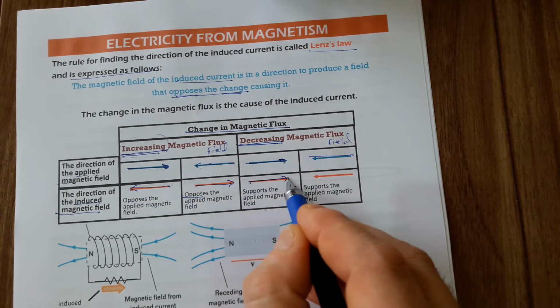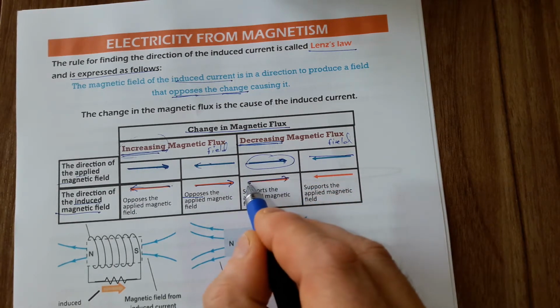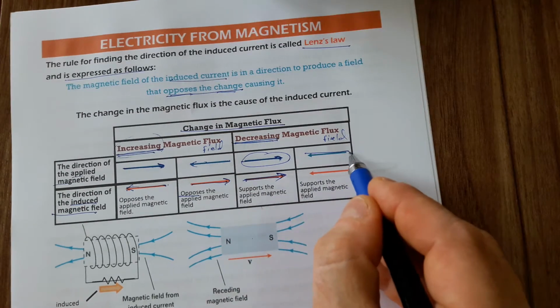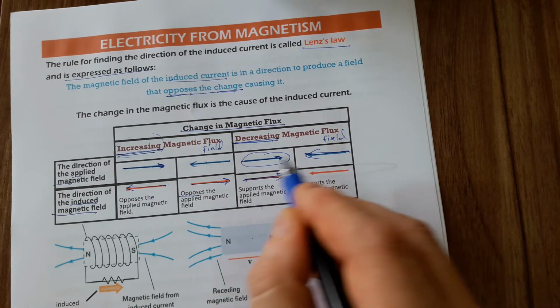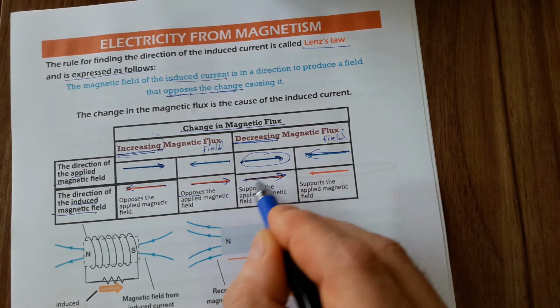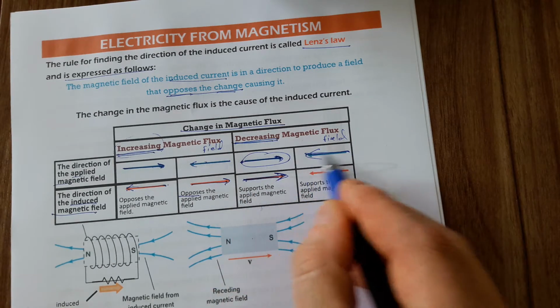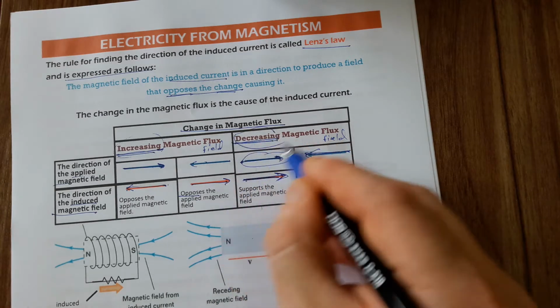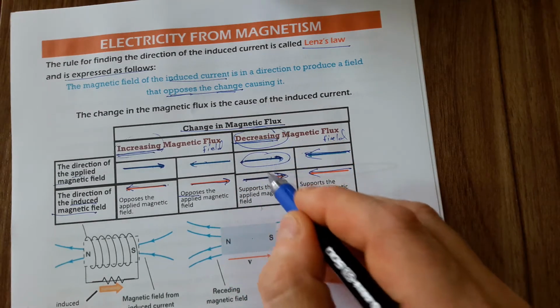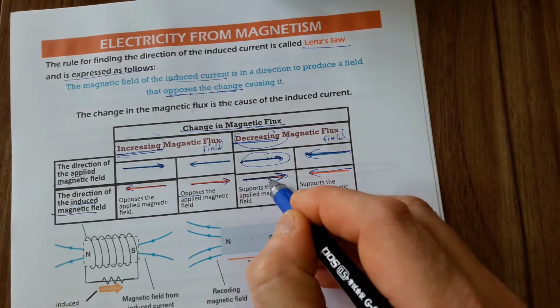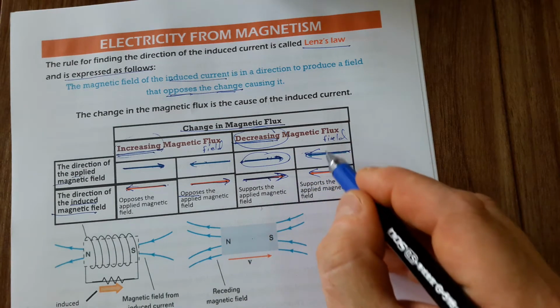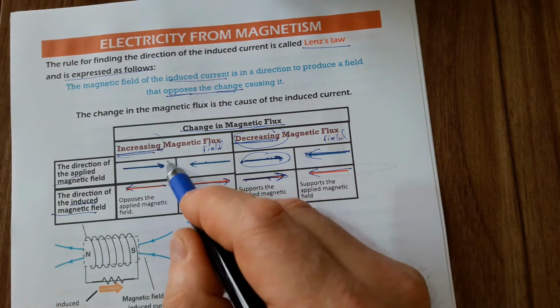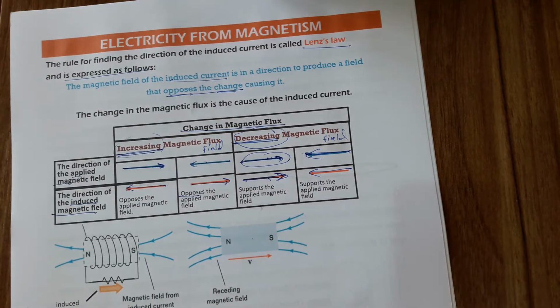If applied is from left to right, induced will be from left to right. If applied is from right to left, induced will be from right to left again. So in the case of decreasing magnetic field, the applied magnetic field and induced magnetic field will be in the same direction. In the case of increasing magnetic flux, they will be in opposite directions.